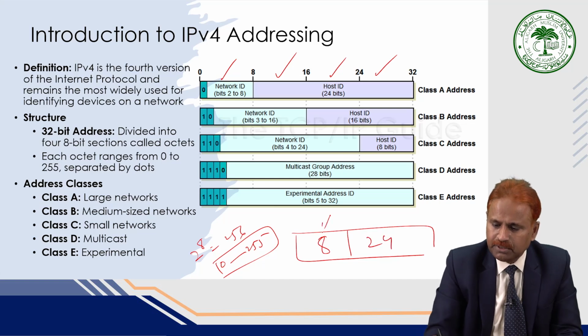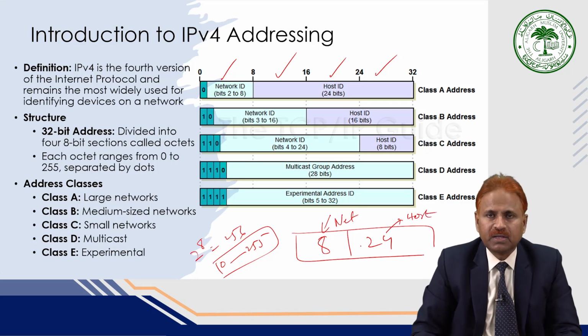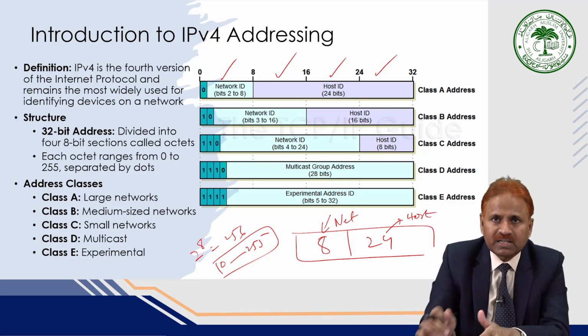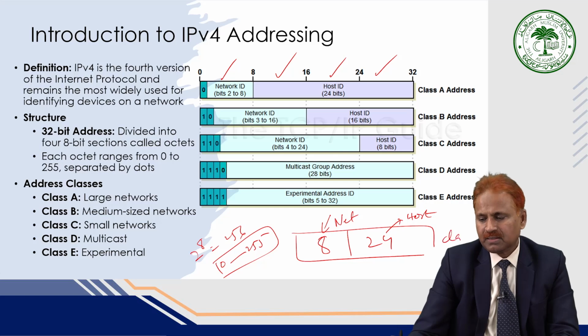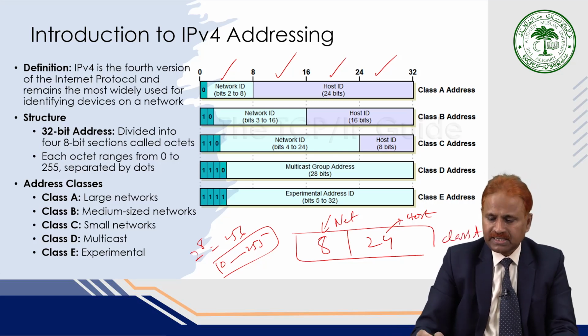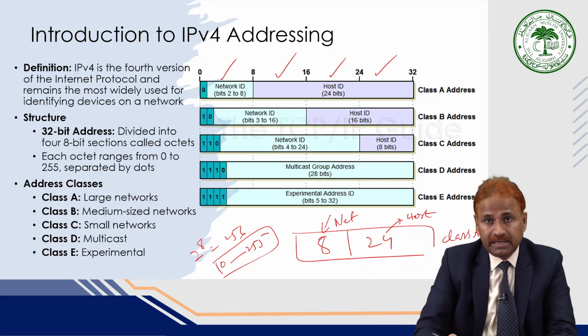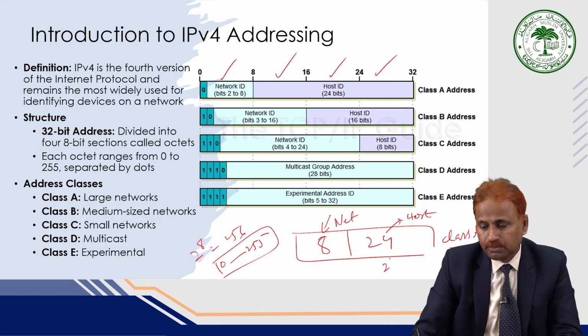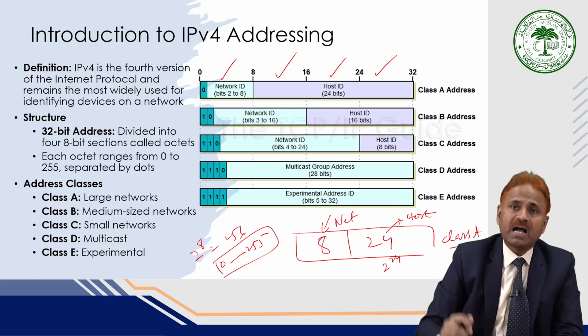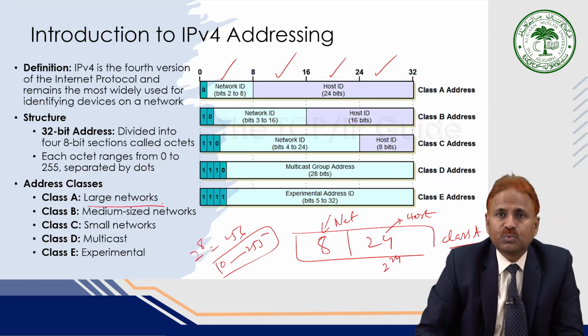If you use 8 bits to identify the network and the rest of the 24 to identify the host, then it is known as a class A network. With these 24 bits, there can be 2 to the power 24 different computers in a particular network, which is very high. That is why it is used for large networks.